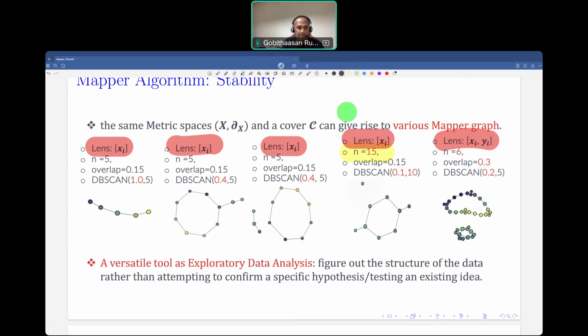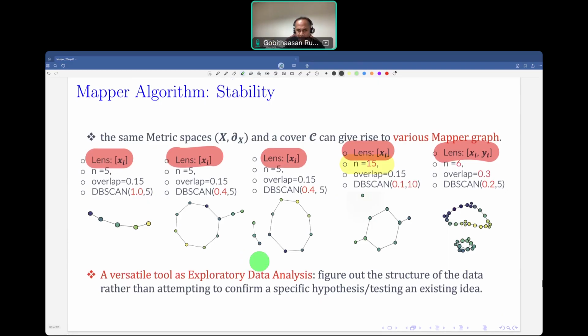Okay, right. And then what you can see is that the mapper algorithm itself is stable. Stable means a slight change of the setting here gives you a slight change of the structure. The original structure was two circles. So you get to see one big circle is the prominent circle. You get to see the loop.